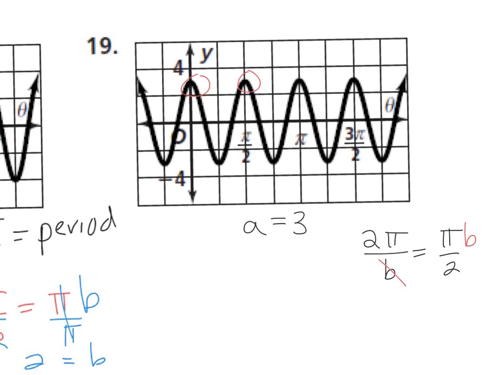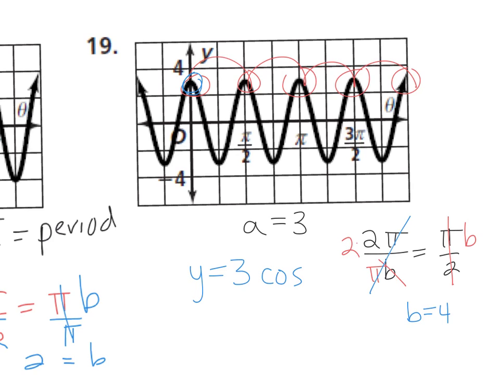So b goes over here, and then I'm going to multiply both sides by the reciprocal of pi over 2, which is 2 over pi, and these two pi's cancel out, so b equals 4. So there's 4 cycles between 0 and 2 pi, which you can see: one right here, 1, 2, 3, 4. So my function is going to be y equals positive 3, because this is starting up, cosine of 4x.